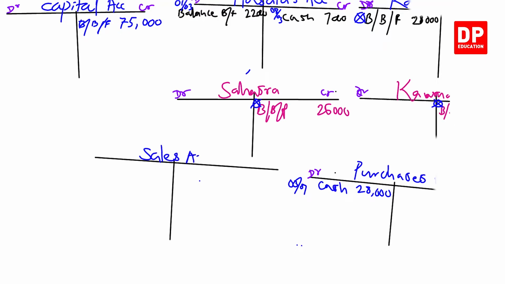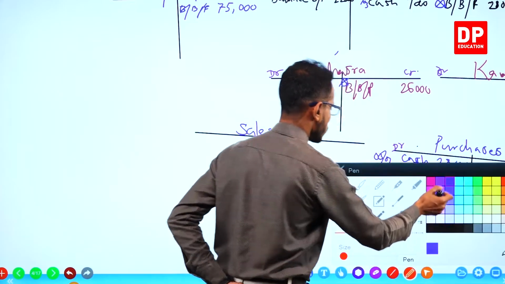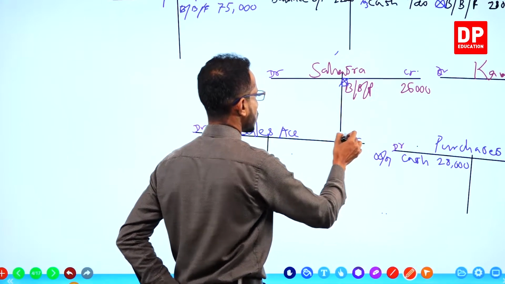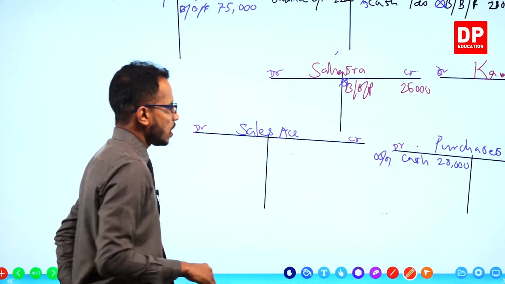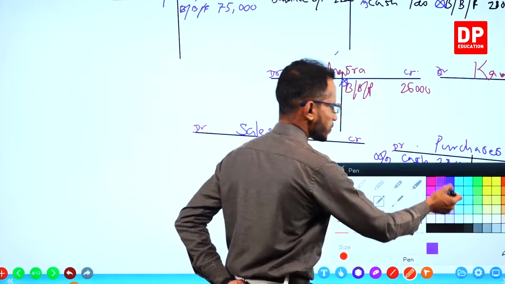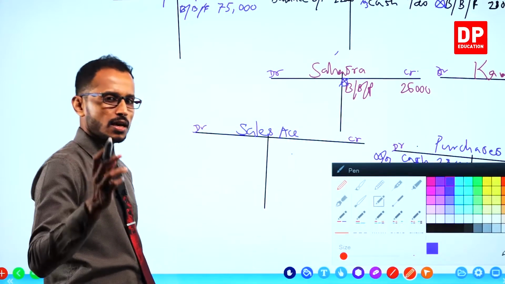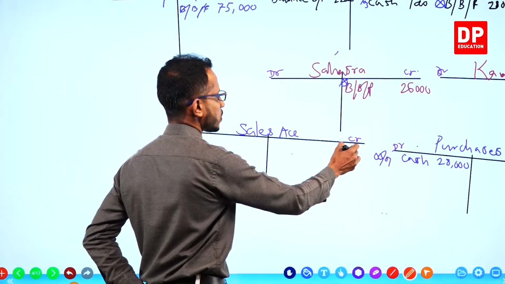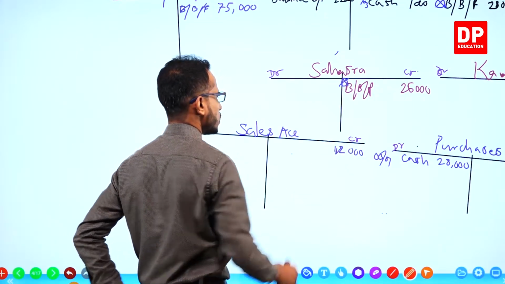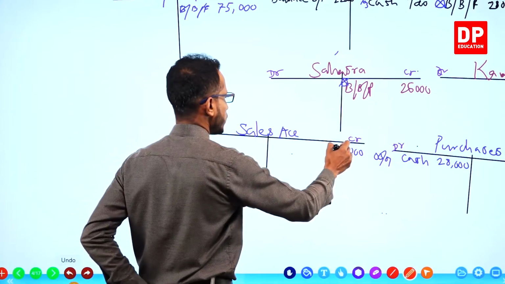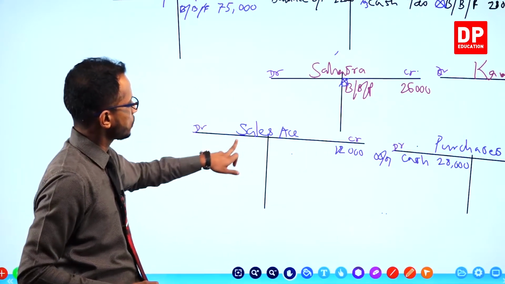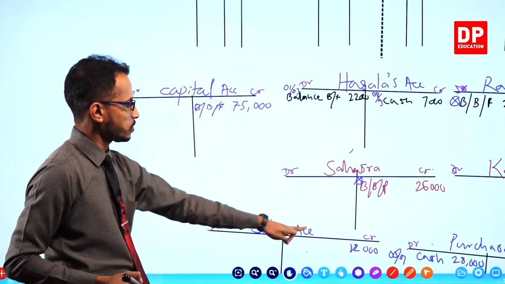How much? It's 12,000, right? Can you remember the amount? If you don't remember, just go and see the debit entry in the cash book. 12,000. Sales account 12,000.